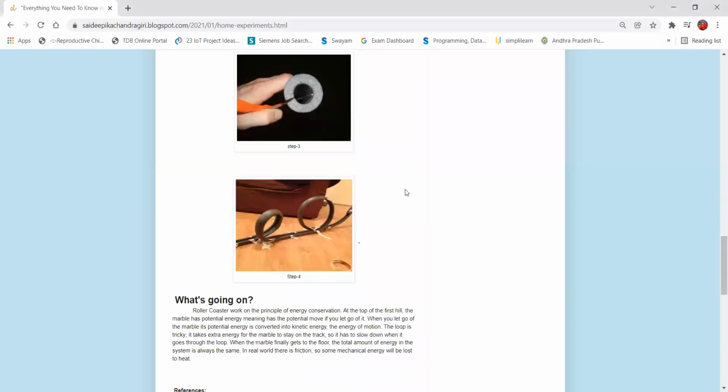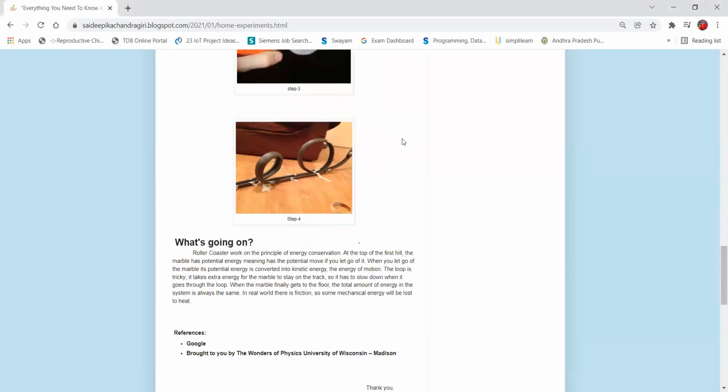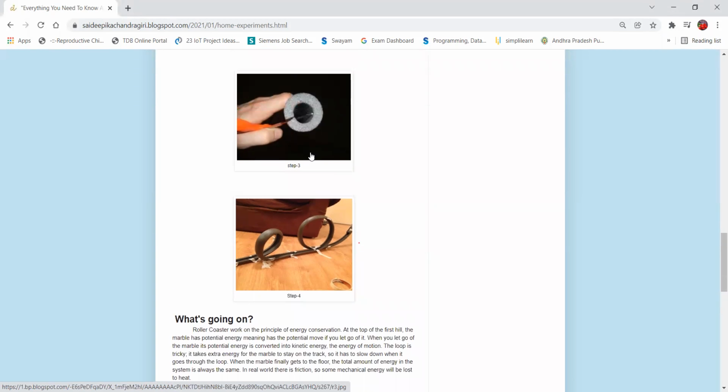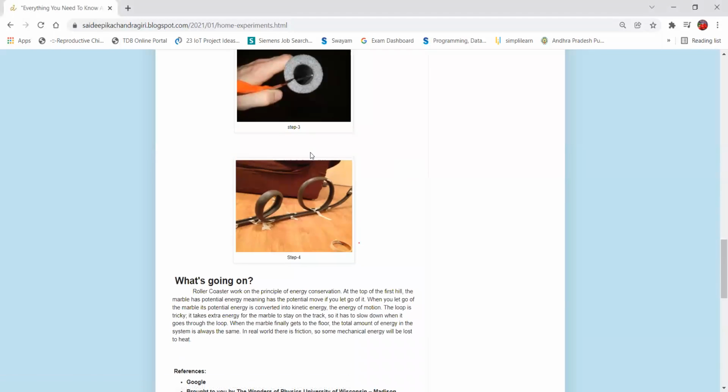The third step is cutting this one, and the fourth step is we have to cut the foam tube into pieces like this. First of all, we have to cut the whole foam tube using step 3, and then make it step 4.